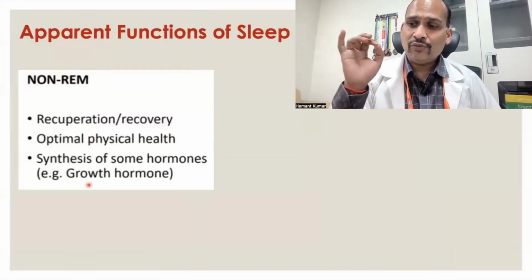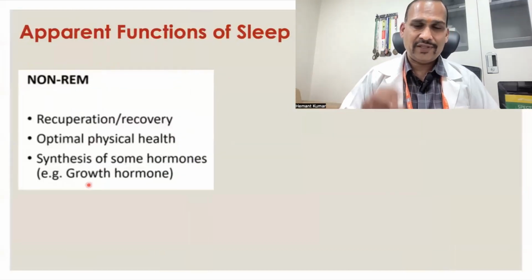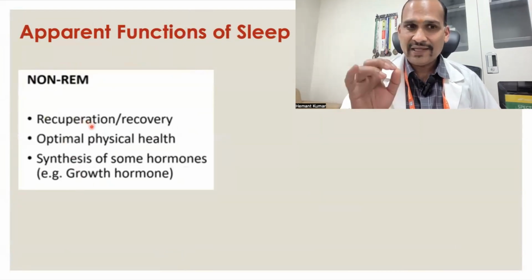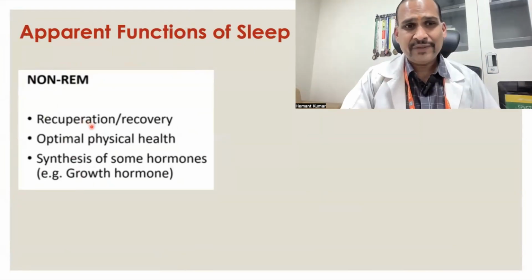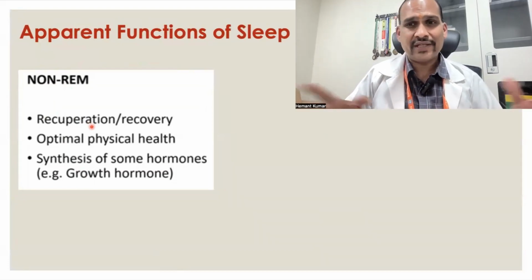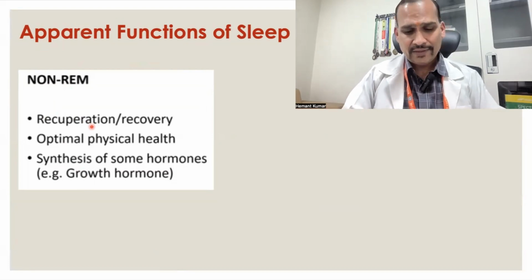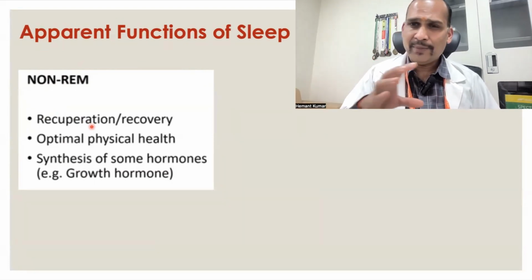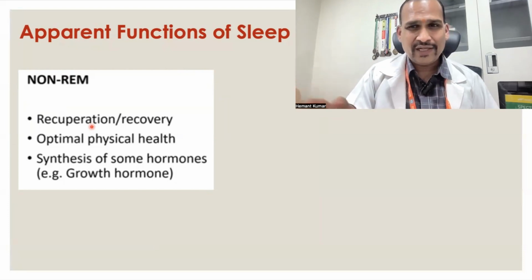Okay. So why is sleep important for us? As I told you, sleep is of two types: non-REM sleep and REM sleep. Non-REM sleep is important for our health. In daytime, whether we are working in a job or studying, anything we are doing, our body cells are functioning, so they are getting tired.